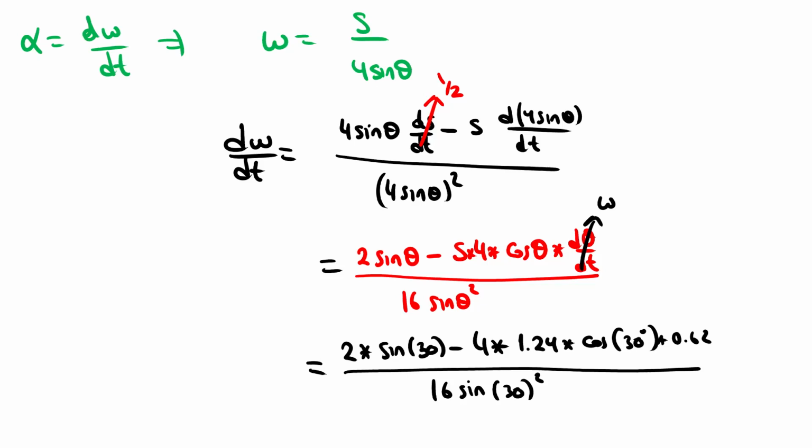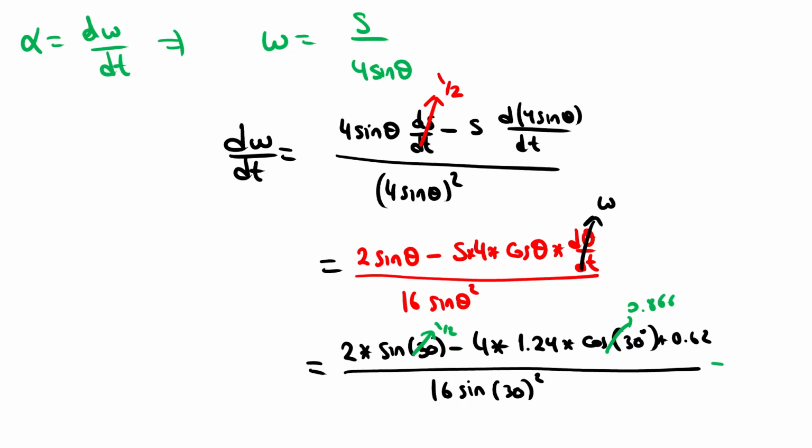If you solve this part, let me do it one by one. Sine 30 is 1/2, and cosine 30 is 0.866.